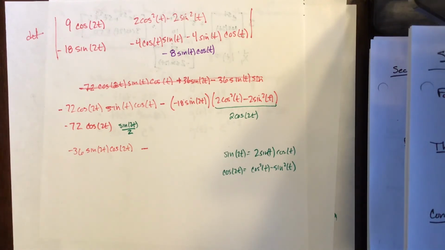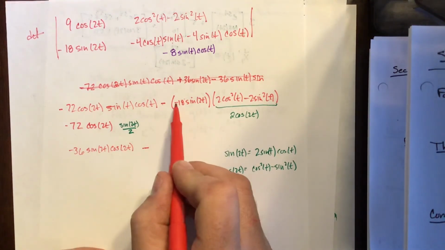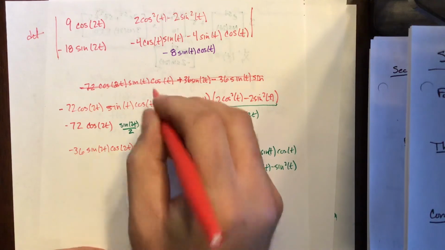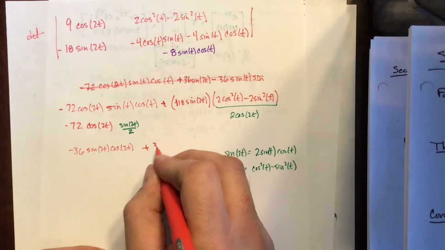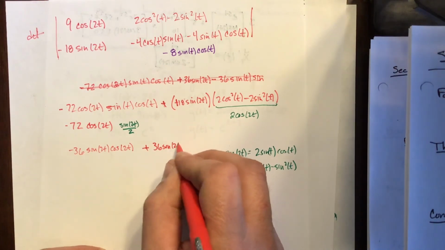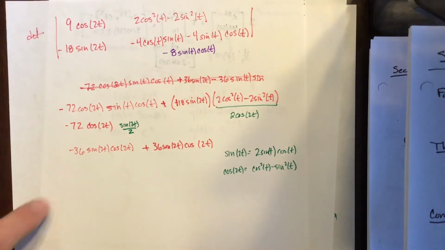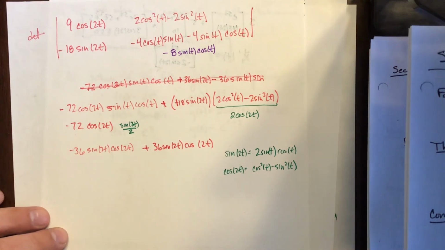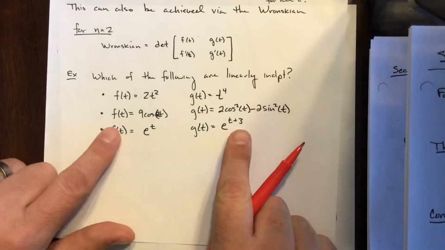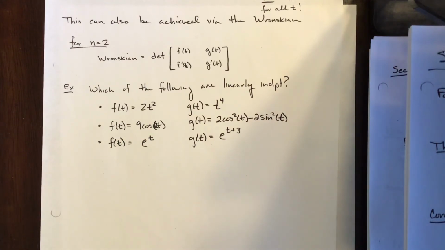So as we take care of these negatives, we have minus a negative, so that's now plus 36 sine 2t cosine 2t. So negative 36 sine 2t cosine 2t plus the same thing, 36 sine 2t cosine 2t, equals 0, and therefore f and g in the middle are linearly dependent functions.